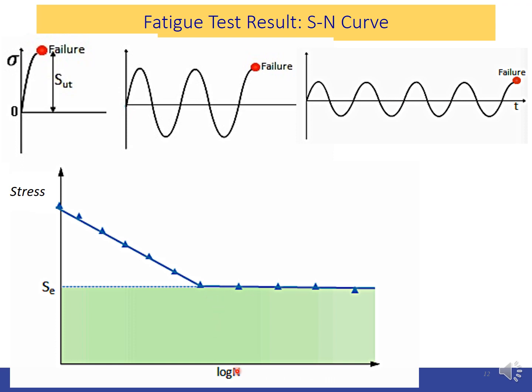Which means this N, the number of cycles to break, is infinite, which will be a horizontal line on this plot. Right, log N, if the x value is infinite, now it will be a line that is parallel to the x-axis.